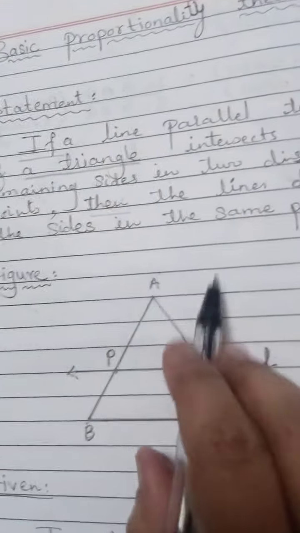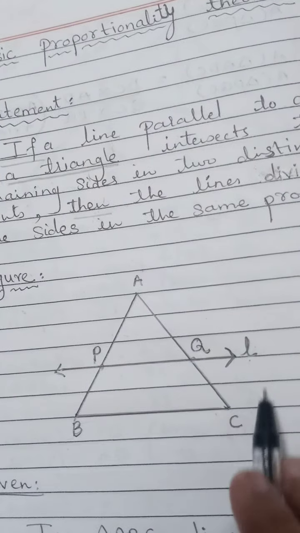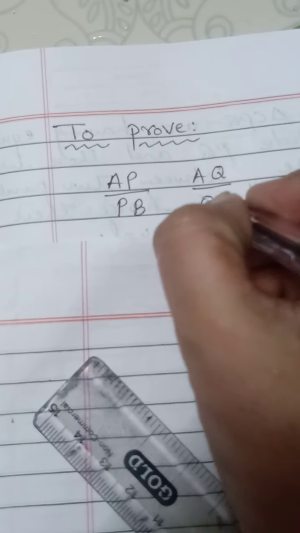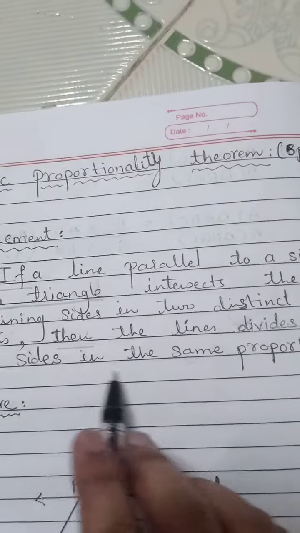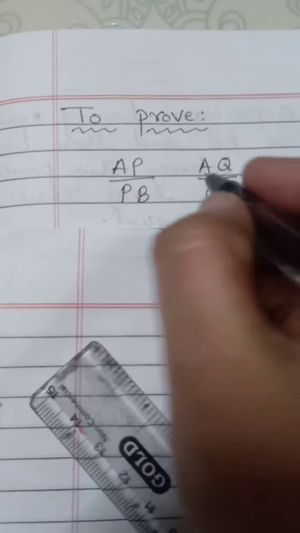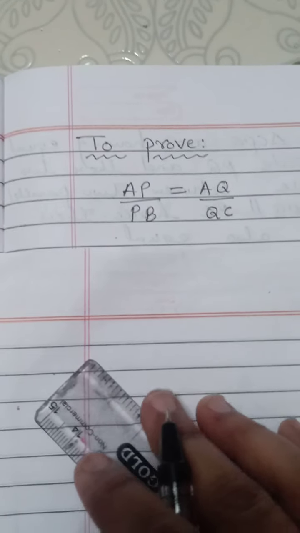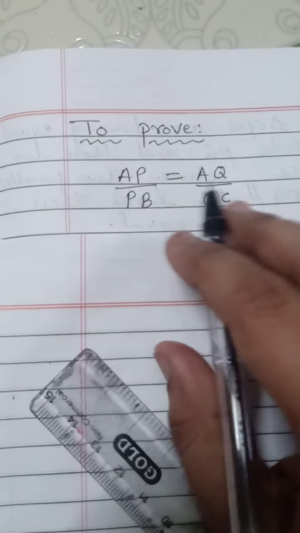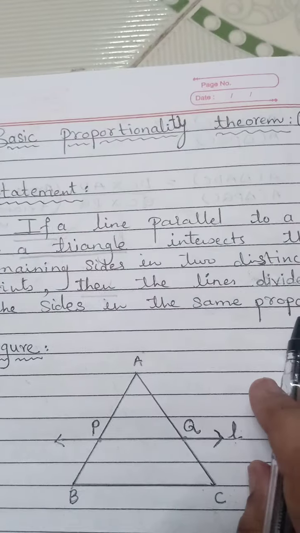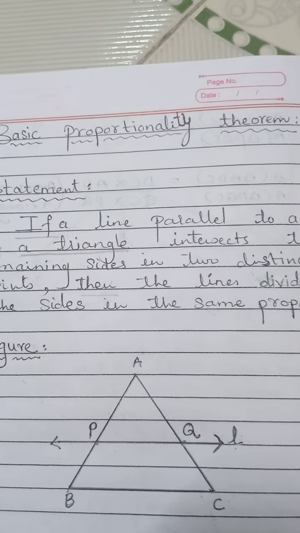The next ratio is AQ upon QC. And we have to prove that they are in the same proportion. Same proportion means, as I have explained, whenever the ratios are equal, they are in proportion. That means the two ratios are in proportion. So each and every word after the word "then" we have also used. So we have completed our next step, that is to prove.